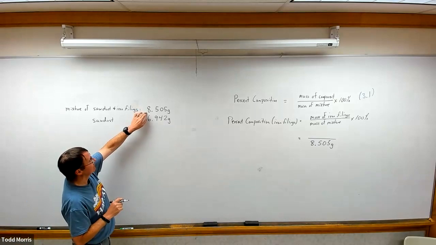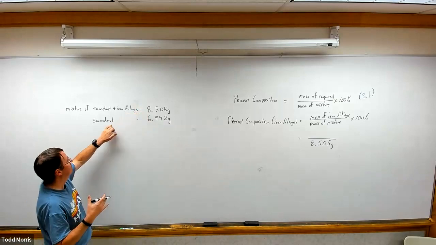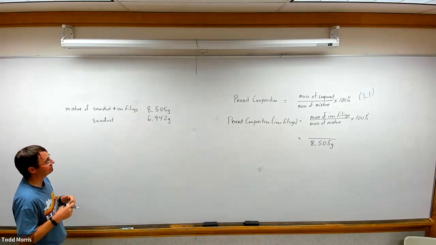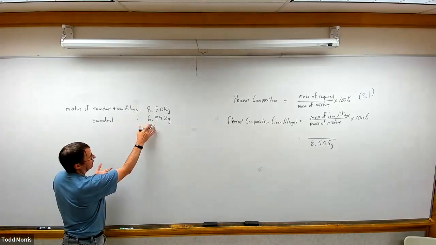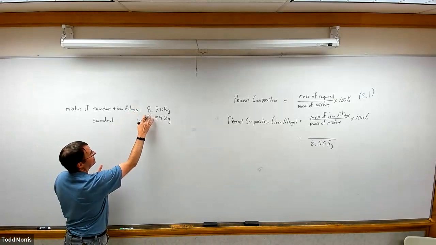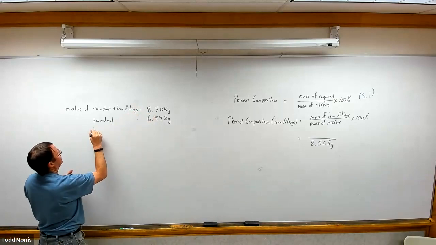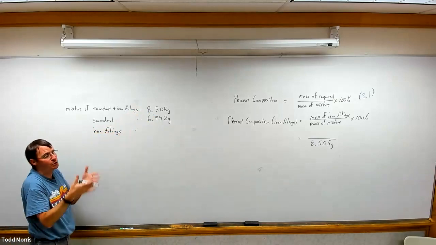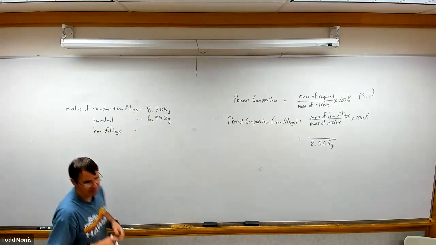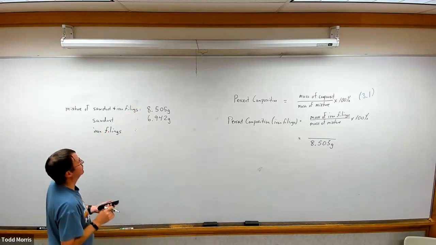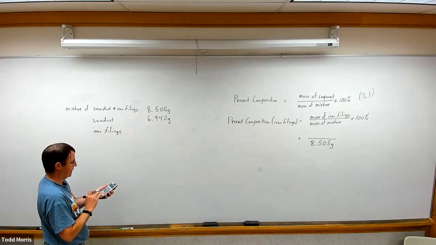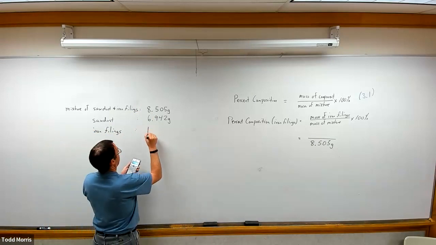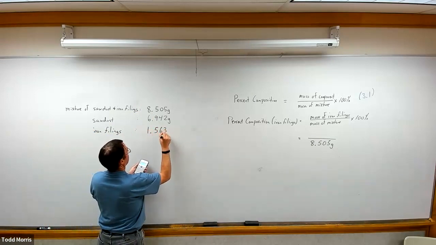Well, these two numbers: this is the total mass of the mixture, and the second number is just the mass of the sawdust itself. Notice that the sawdust component, of course, is less mass than the total, and this difference must be the mass of the iron filings that were removed from the mixture. So if I take 8.505 minus 6.942, I get a mass of 1.563 grams.